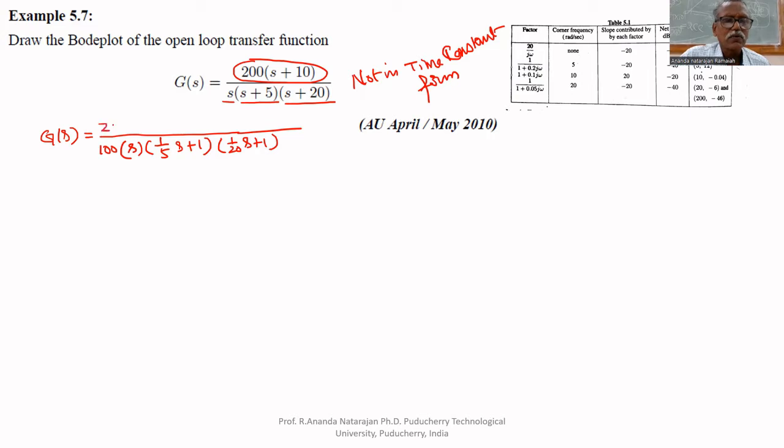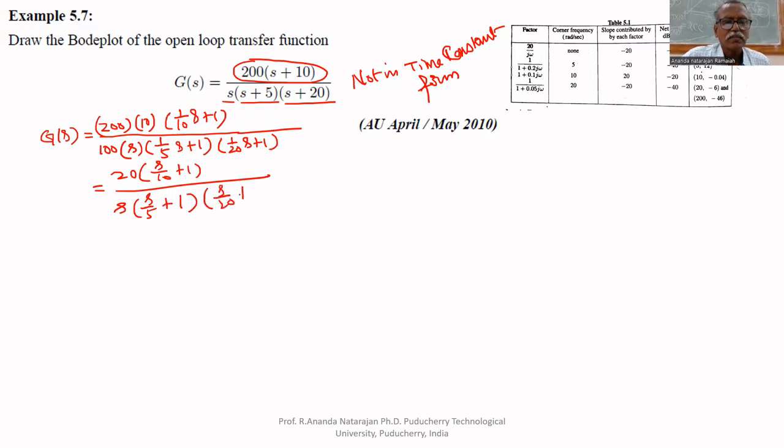Numerator 200 multiplied by 10, (1/10 s + 1). So now it is in time constant form. What is the gain? Gain is 20. G(s) = 20(s/10 + 1) / [s(s/5 + 1)(s/20 + 1)].